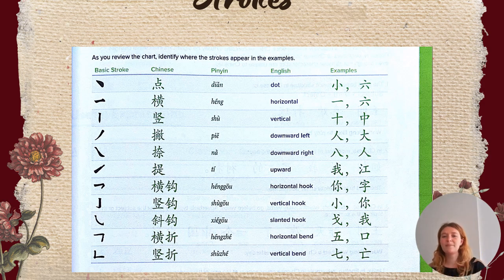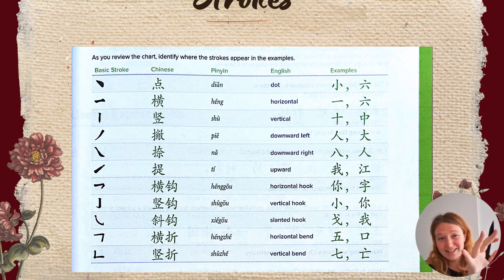Now, strokes. Also, some of my titles in my PowerPoint are way out of the thing. Oh well. Strokes, basic strokes. So, I'll tell you a secret. I never learned the names of the strokes, not until about 3 or 4 years ago.